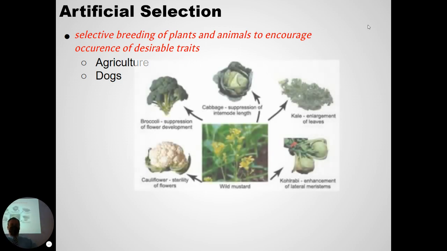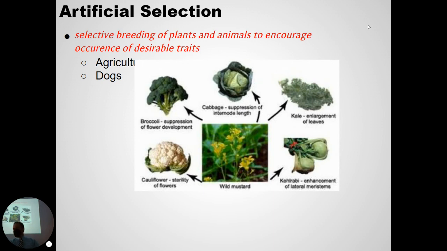species over time. For example, here's some vegetables you may be familiar with: broccoli, cauliflower, cabbage, kohlrabi, kale. All of those vegetables have an ancestor plant. It's called wild mustard.